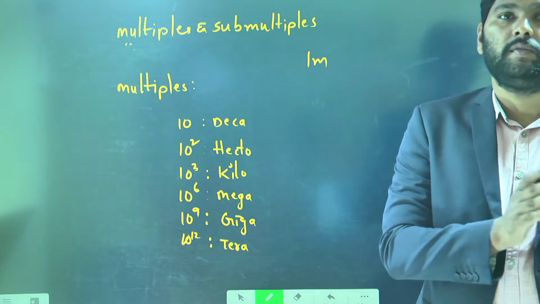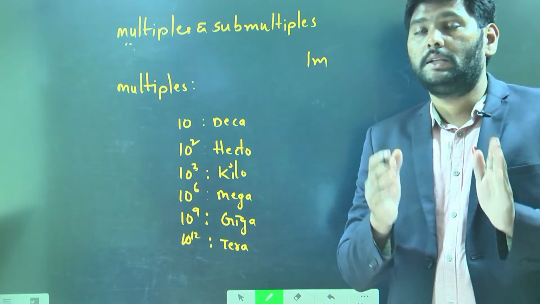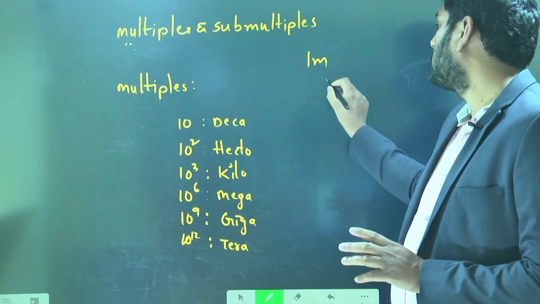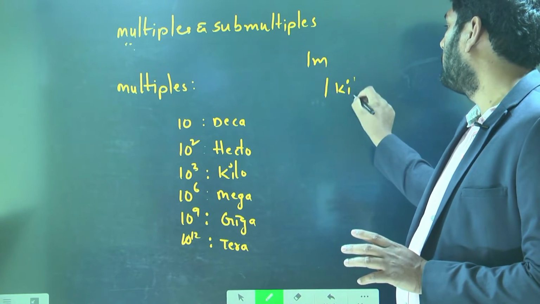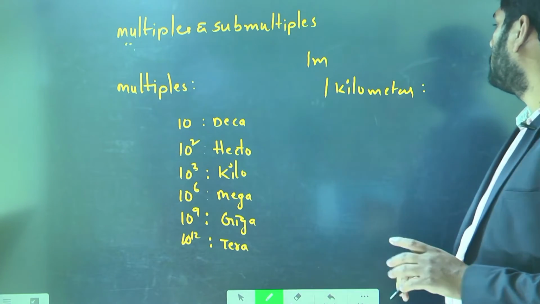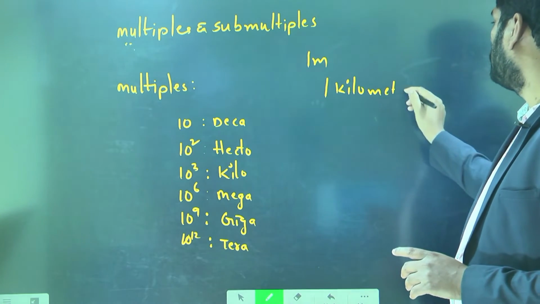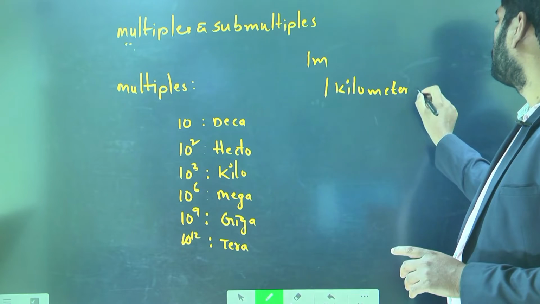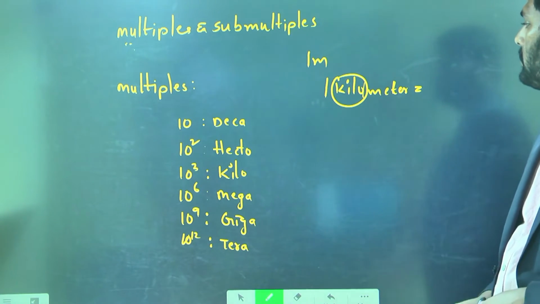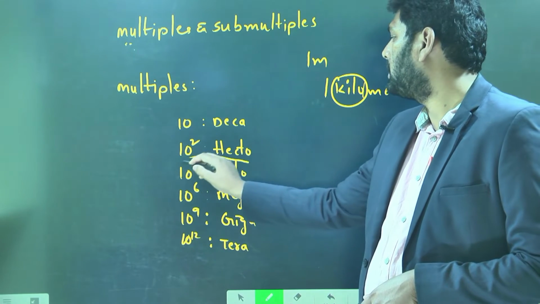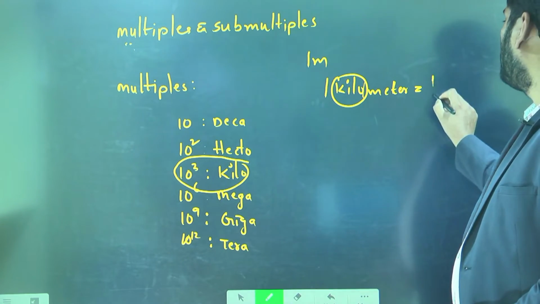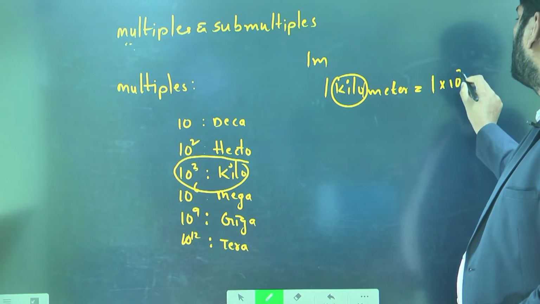But length can also be measured in kilometers. Here kilo stands for 10 power 3, which means 1 kilometer is 1 into 10 power 3 meters.